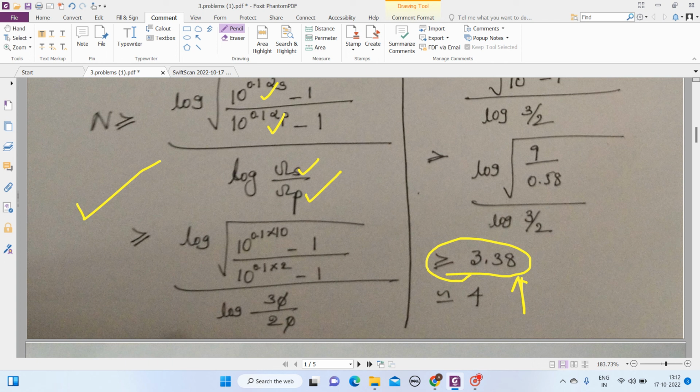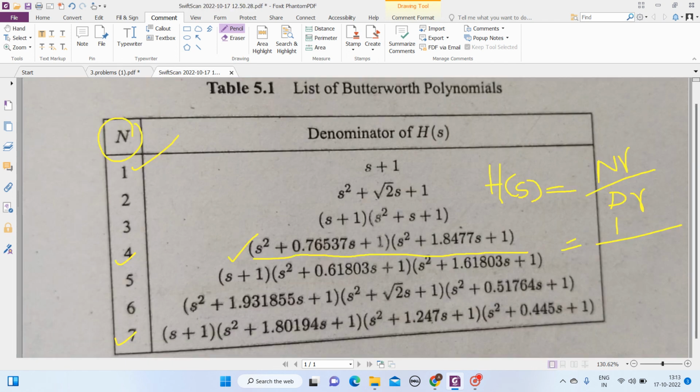Whatever value you obtain after substituting the values in the equation, you have to write the next highest integer value. The order of the filter is now n is equal to 4. You have to see this table.